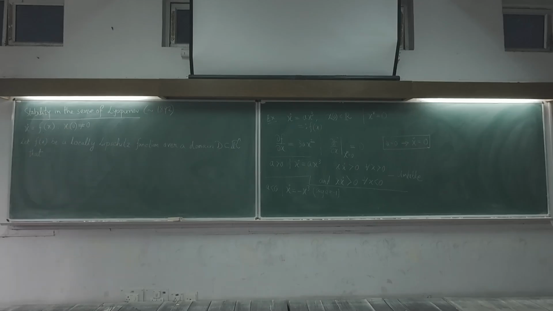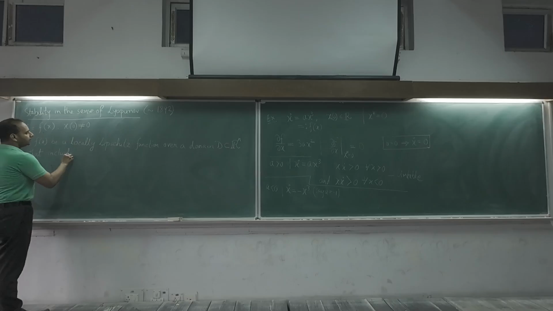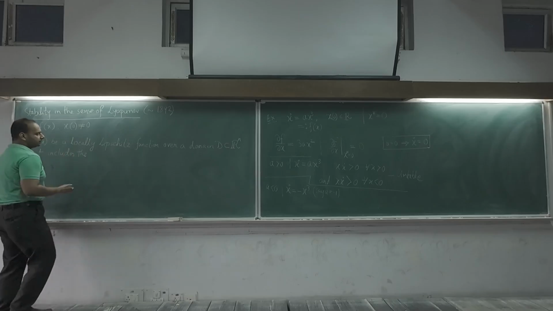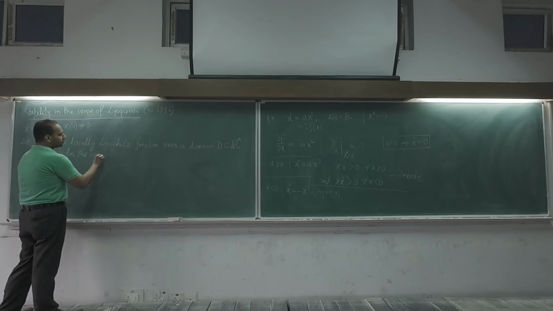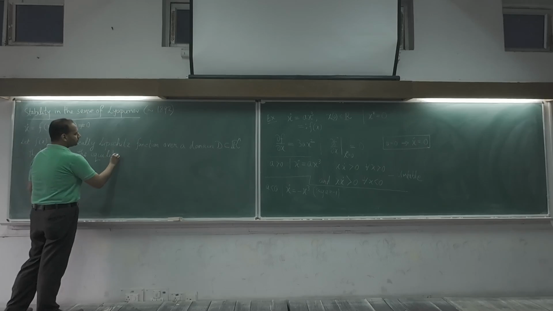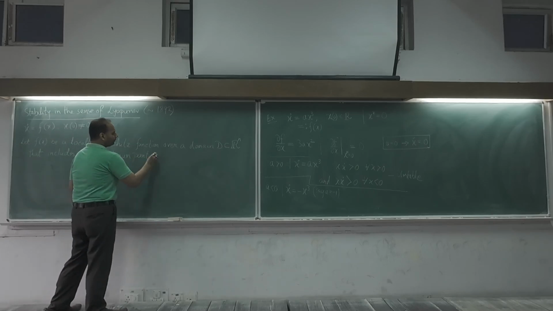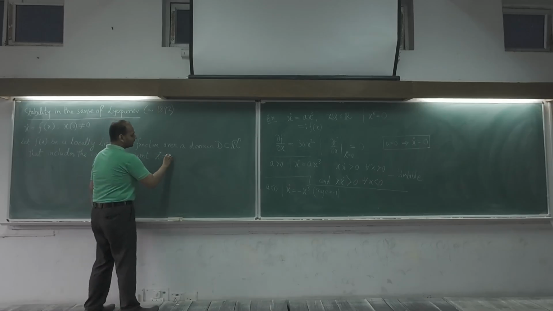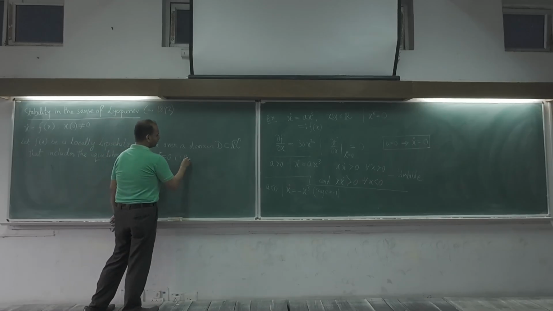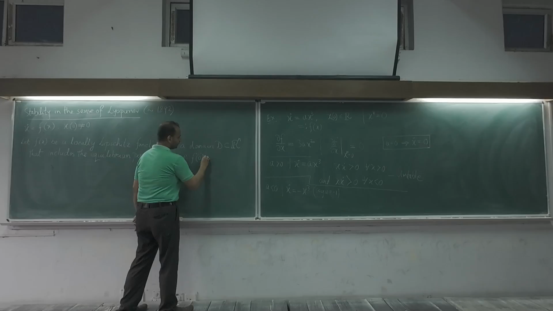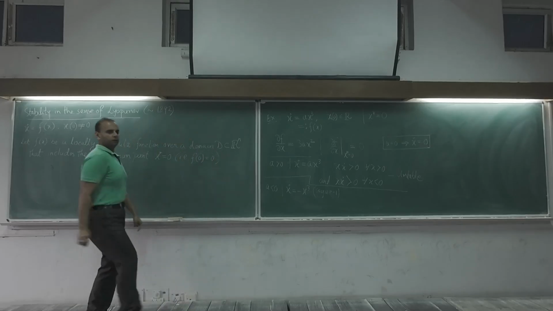that includes the equilibrium point x star equals 0. That is, f of 0 equals 0.